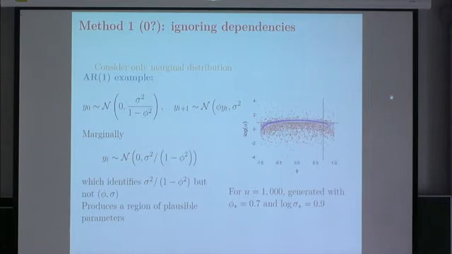You can identify sigma squared over 1 minus phi squared, but not phi and sigma separately. And actually, the outcome of the Wasserstein ABC approach in that case signals this by concentrating on this curve in the log sigma, phi space.